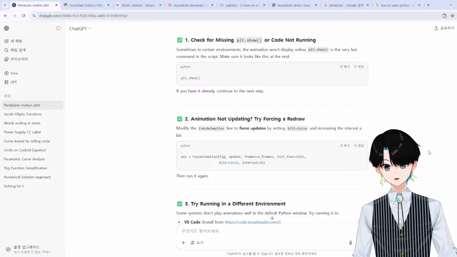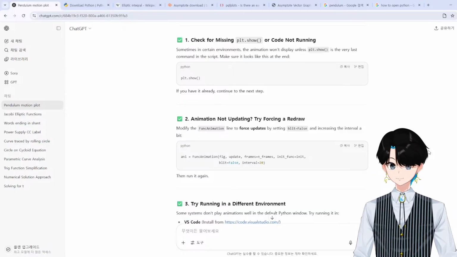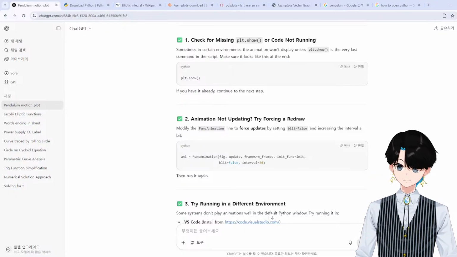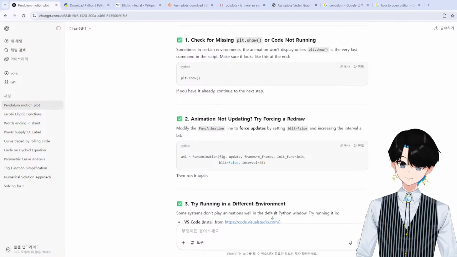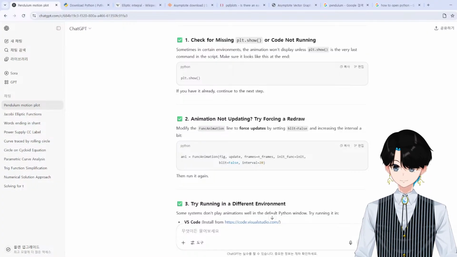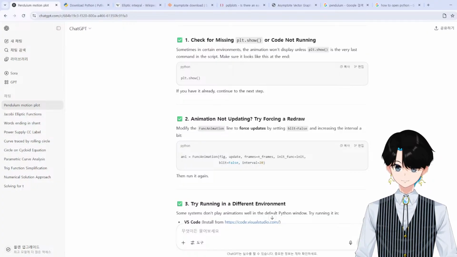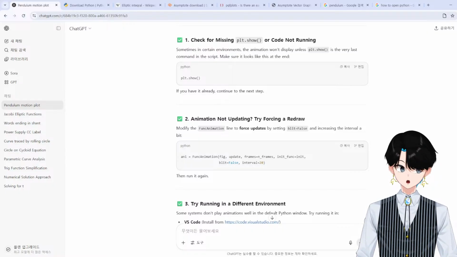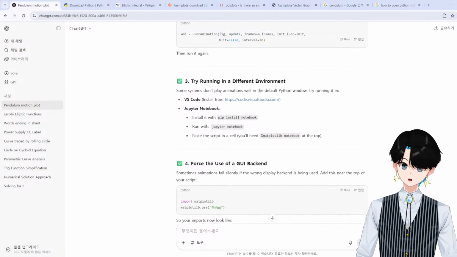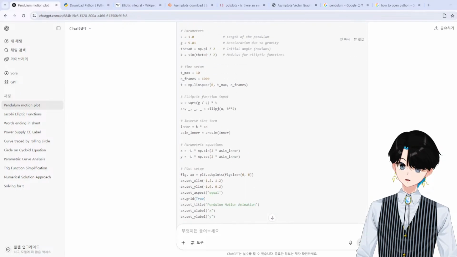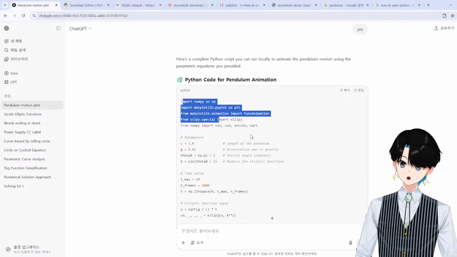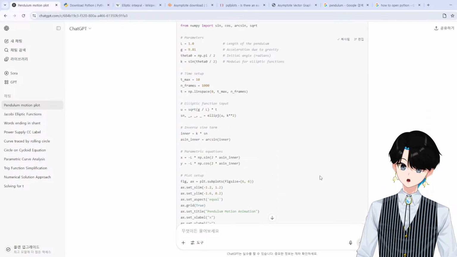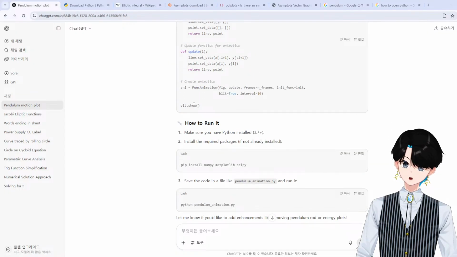Animation not updating. Try forcing a redraw. Modify the FuncAnimation line to force updates by setting blit false and increasing the interval a bit. Then run it again. You know what? What happens if I just like 복사? Okay. plt.